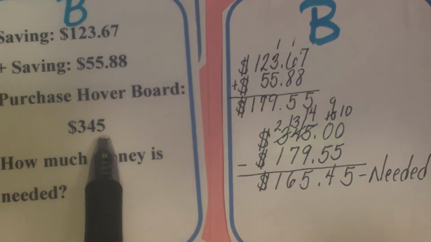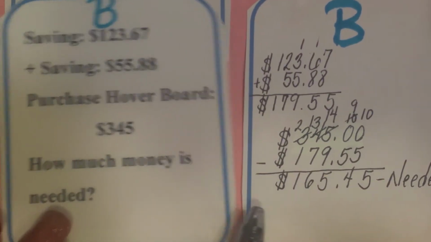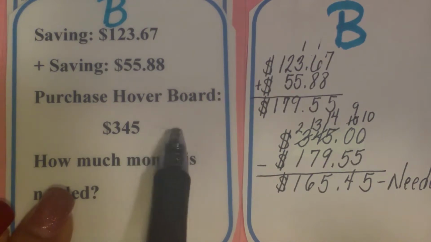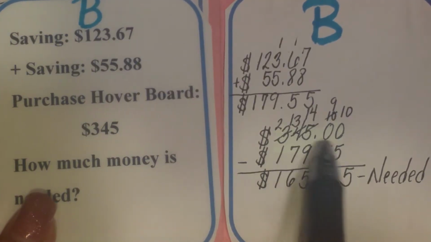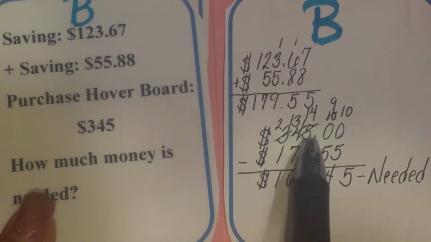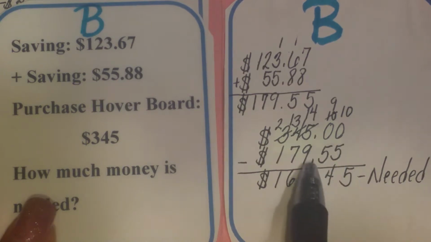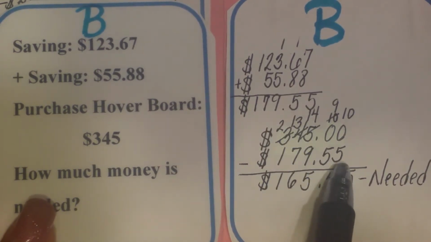Now we need to figure out how much money they need in order to purchase this hoverboard, which is $345. Remember, sometimes you're going to see $345 with no decimal. There is an invisible decimal after that 5 and our 2 zeros. So that is why we need to make sure that we set it up this way: $345, our decimal, and our 2 zeros, in order to subtract that sum, $179.55.